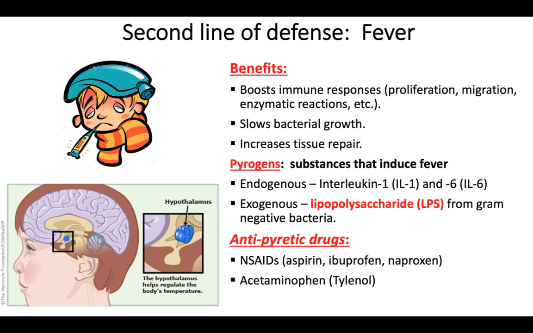So these three can do anti-inflammation and antipyretic, whereas Tylenol is not anti-inflammatory. But the beauty of this is you can use both of these. A lot of times we might switch back and forth between Motrin and Tylenol to control a fever.